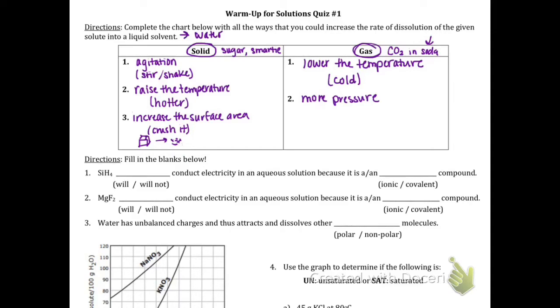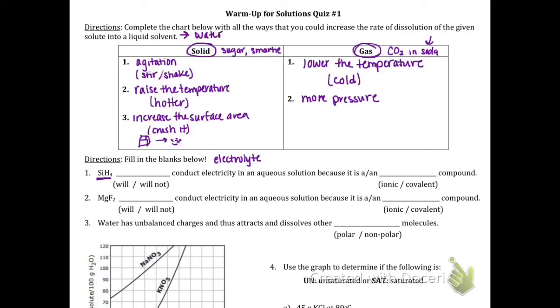Next you're going to fill in the blanks below. This particular compound will conduct electricity in an aqueous solution because it is a blank compound. So here you have to determine if it's an ionic or a covalent compound, because that will tell us if it's an electrolyte or not. So remember the word electrolyte.